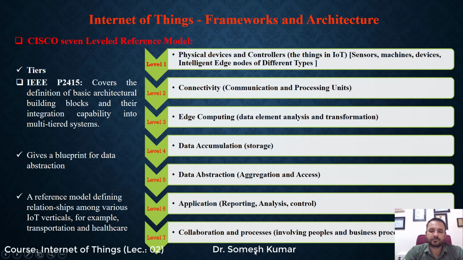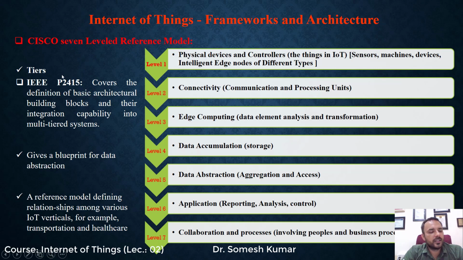In this part, we process how to grow the particular IoT system, what the various drawbacks are, how we can improve things, how we can involve people in this, how we can increase productivity, and how we can decrease the cost. All this processing is done in level 7. These levels are given by Cisco. That's why it is called the Cisco 7-level reference model.